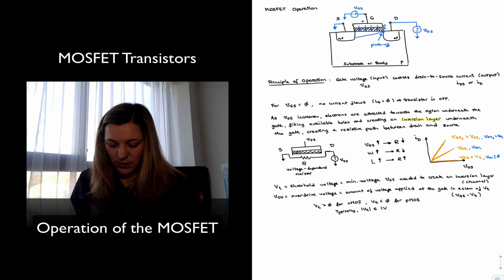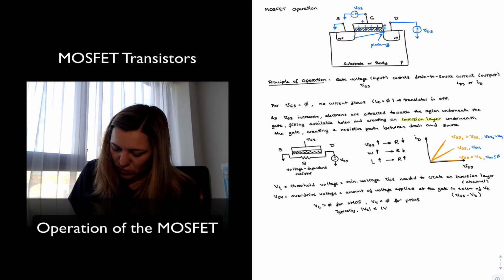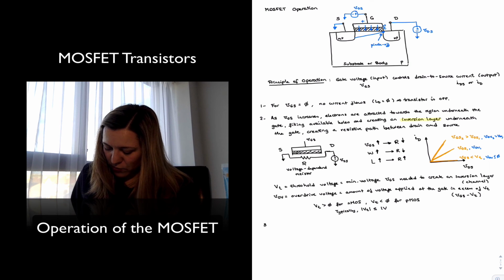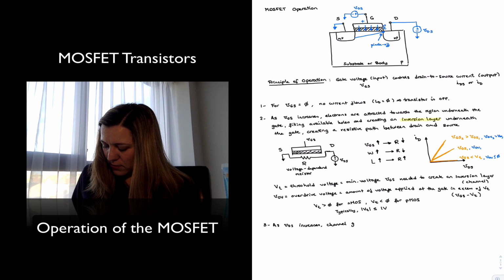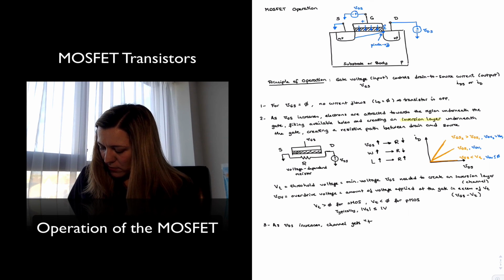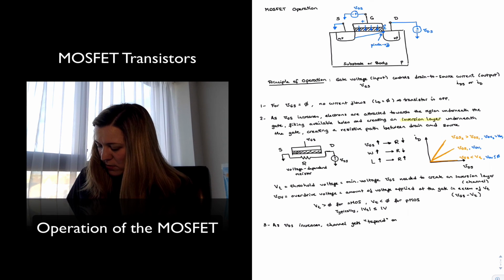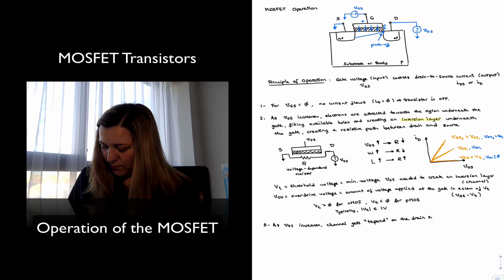And so we can say this will be our number 1, number 2, that's what happens. Number 3, now that we have an inversion layer, as VDS increases, the channel gets tapered on the drain side.